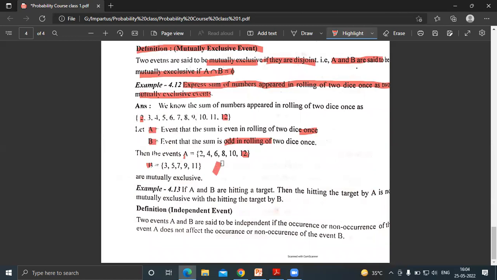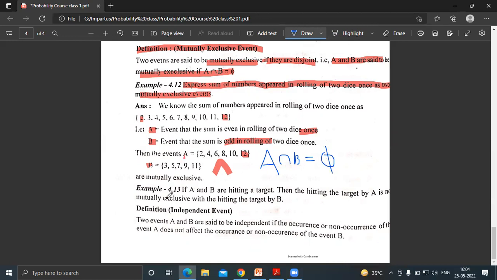If you want to find A intersection B, what is its value? Check that A and B have no common points, so it is phi. If A intersection B is phi, then they are mutually exclusive.